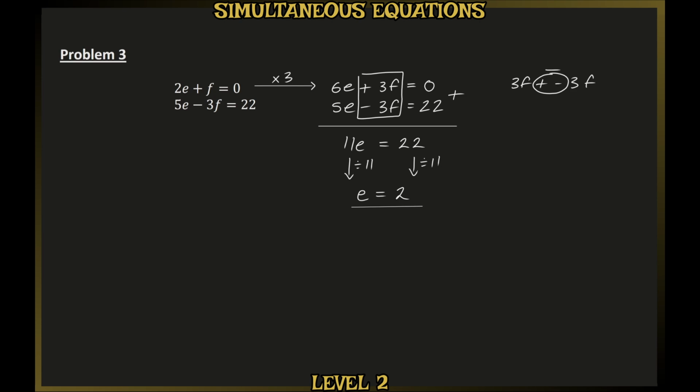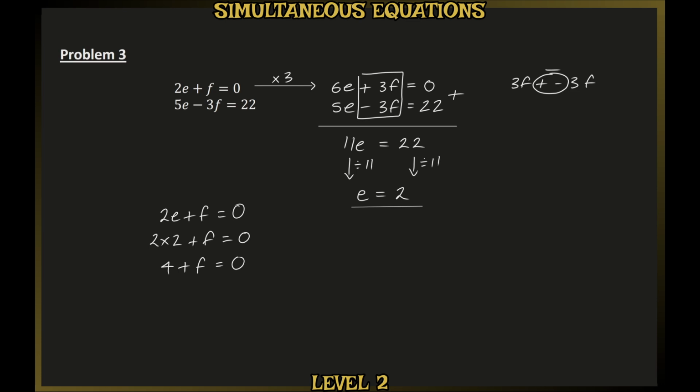So we now need to substitute this value of e into one of the two equations to find the value of f. The equation at the top definitely looks easier to use because it has a plus in it. So we have 2e plus f is equal to 0. If we now substitute e for 2, we've got 2 times 2 plus f is equal to 0. Since 2 times 2 is 4, we've got 4 plus f is equal to 0.